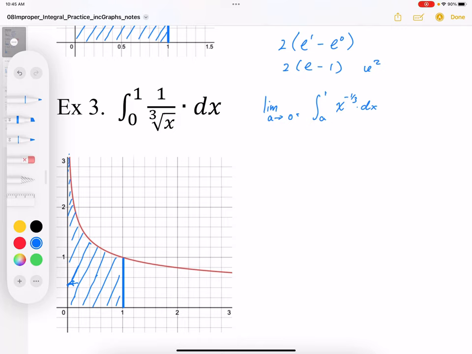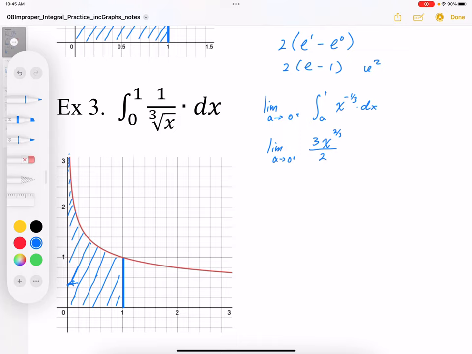I can now use an antiderivative to evaluate the area under this integral. So the limit as a approaches 0 from the positive side, using the power rule, I'm going to end up with x to the 2 over 3. So I'm going to add 1 and then divide by the power 2 over 3. Dividing by a fraction, I'm going to flip it, so I'm going to multiply by the reciprocal.